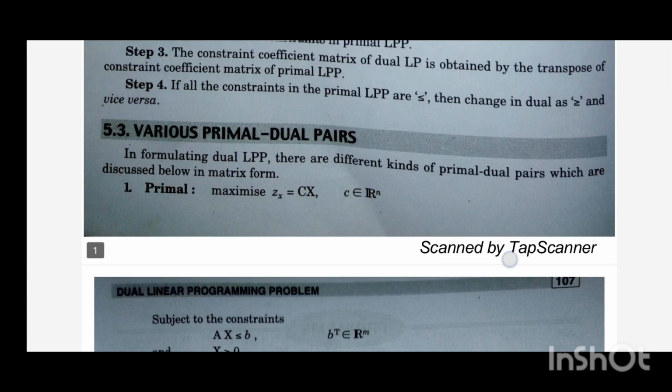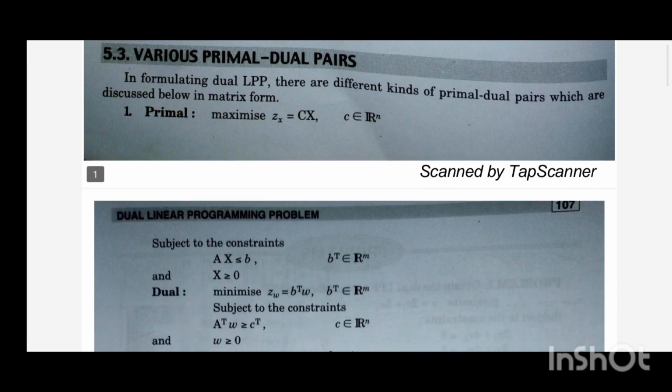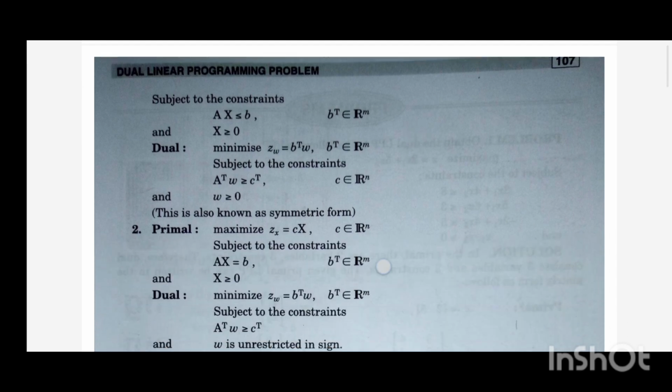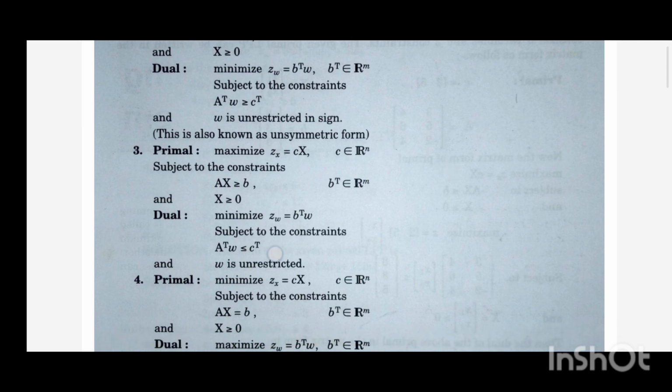Next, the various primal dual pairs. Here, you can see, this is the first form of case 1. Next, the second form, you can see, and the third form is also here.